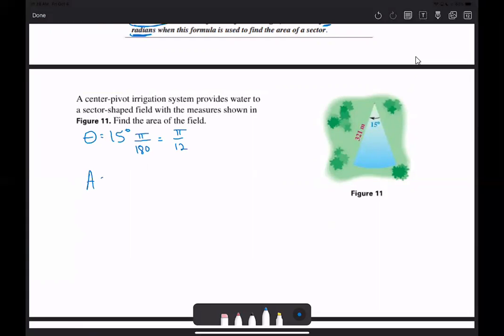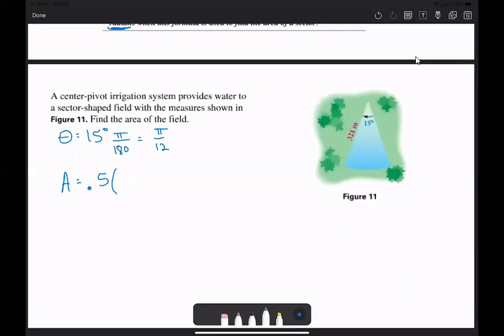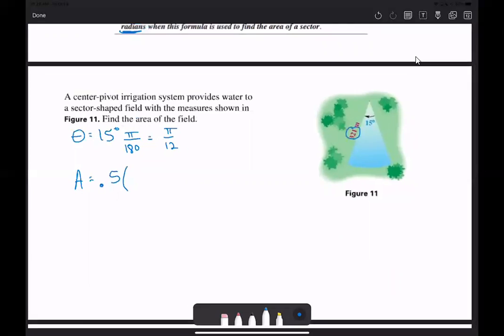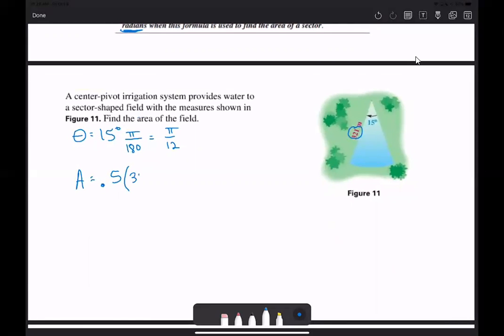Now we just substitute in. We know that 1/2 you can change to 0.5, which makes it easier to plug into your calculator. 0.5 times the radius, which is 321, so we plug in 321 and square it, and then times theta, which is pi over 12.